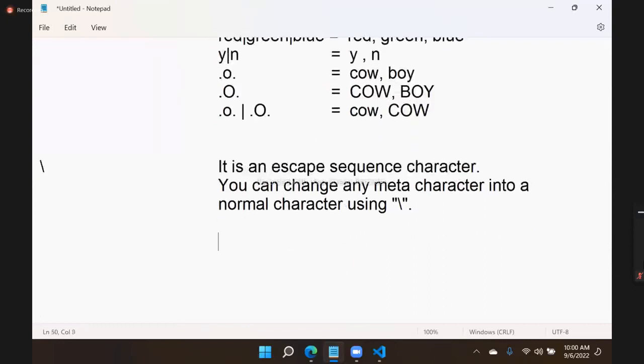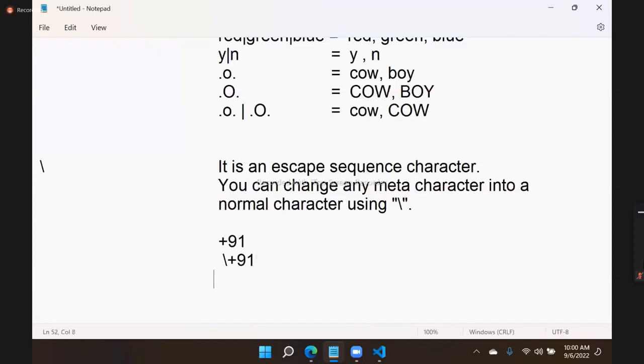Suppose I said +91. It will not be considered as a plus symbol. It will think it means 0 occurrence or 1 occurrence or more. So what is the correct way of writing this? Slash plus 91.